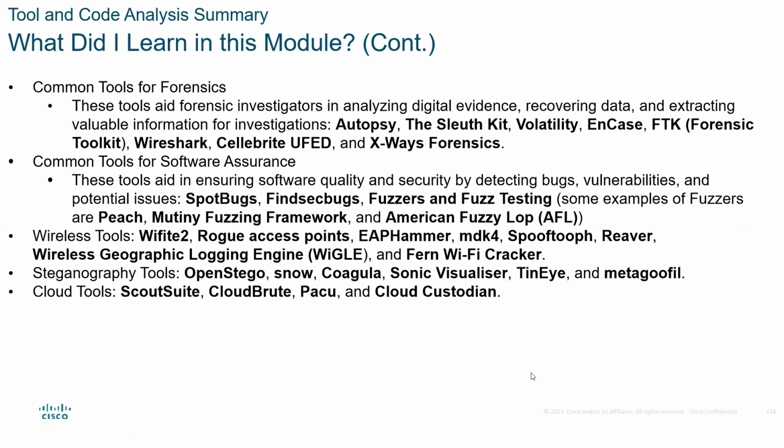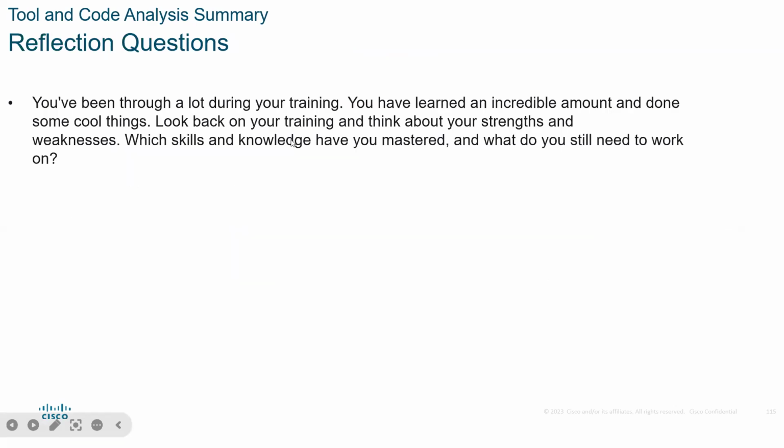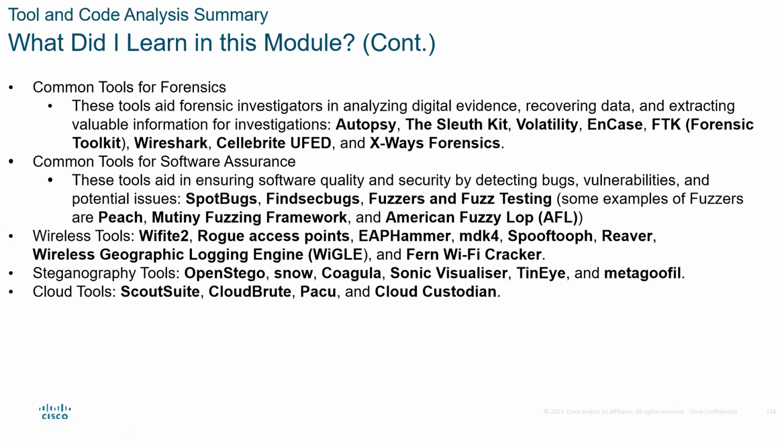For digital forensics, you can use tools like Autopsy, SleuthKit, Volatility, EnCase, FTK, Wireshark, Cellebrite. Some of these are paid. Some of them have trial versions, but some of the free ones are like Autopsy, Volatility. EnCase is paid, Wireshark is free.